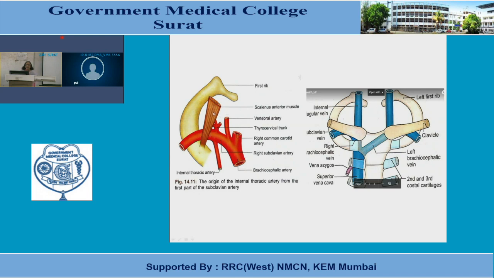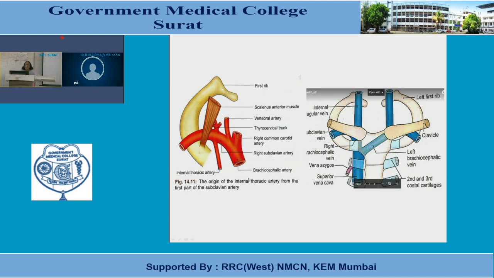This muscle divides the subclavian artery into three parts. Medial to the scalenus anterior is the first or medial part, deep to the muscle is the second part, and the lateral or third part of the subclavian artery is lateral to the scalenus anterior muscle.